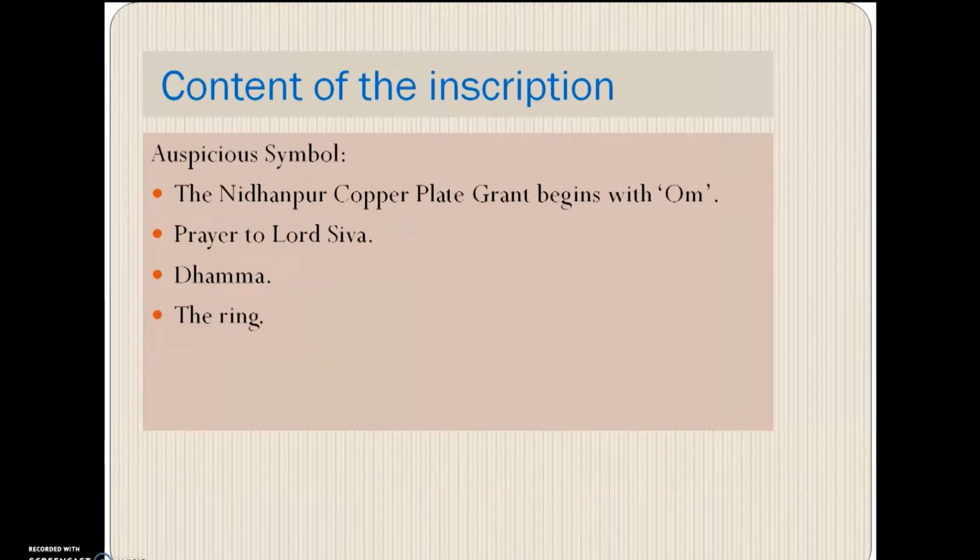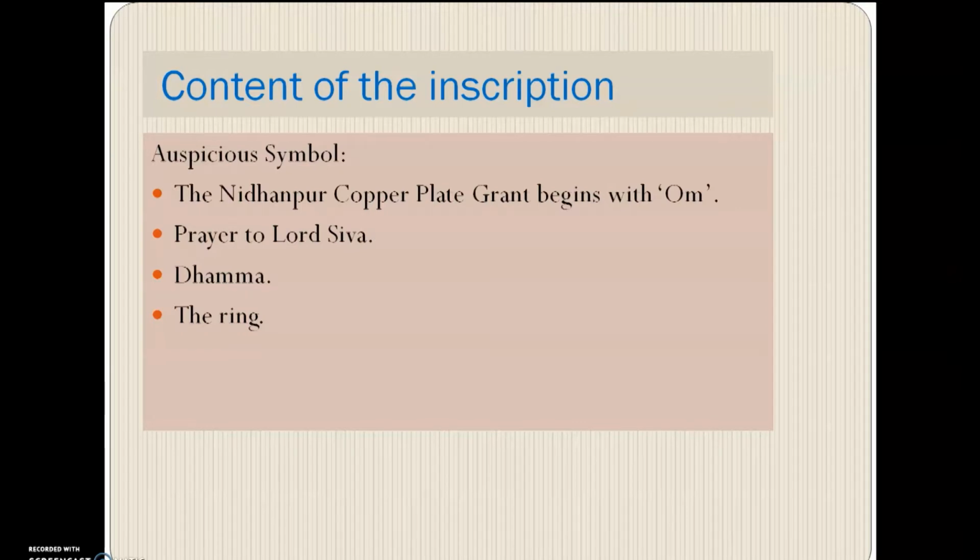Now, coming to the content of the inscription, the Nidhanpur copperplate inscription begins with an auspicious symbol, Om. Further, it offers prayer to Lord Shiva. The existence of the word Dhamma also implies the prevalence of Buddhism in contemporary Assam.